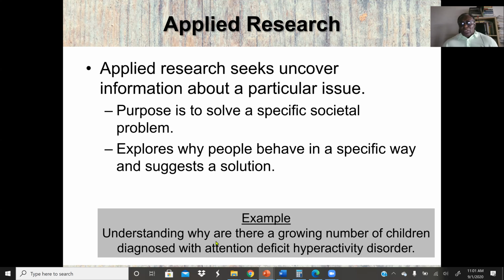An example is understanding why there's a growing number of children diagnosed with attention deficit hyperactivity disorder. In our applied research, we may compare, in a school, children that follow passive learning.